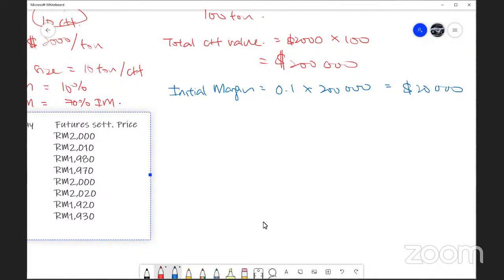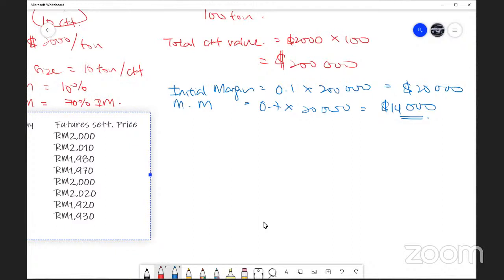This initial margin you park with your intermediary, your financial institution, or your broker. Maintenance margin is 70%, 0.7 of your initial margin of 20,000, which gives you 14K. Anything that goes below 14K will trigger the margin call.